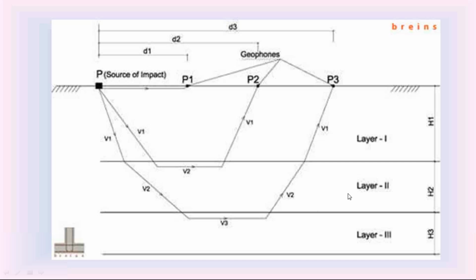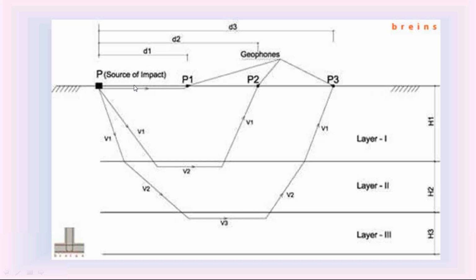In this seismic refraction test, the shock waves travel inside the ground and again come back to the ground level. Those shock waves coming onto the ground level are received by the devices known as geophones. We arrange these geophones at regular distances on the ground level from the source.